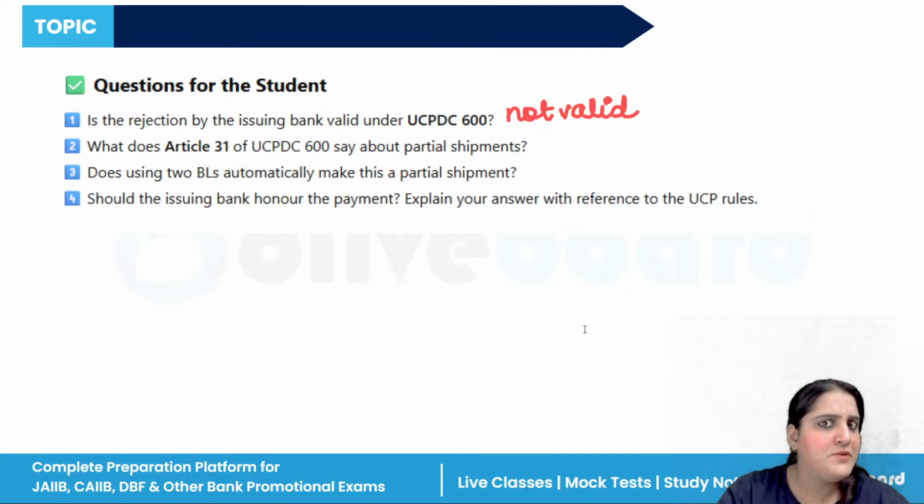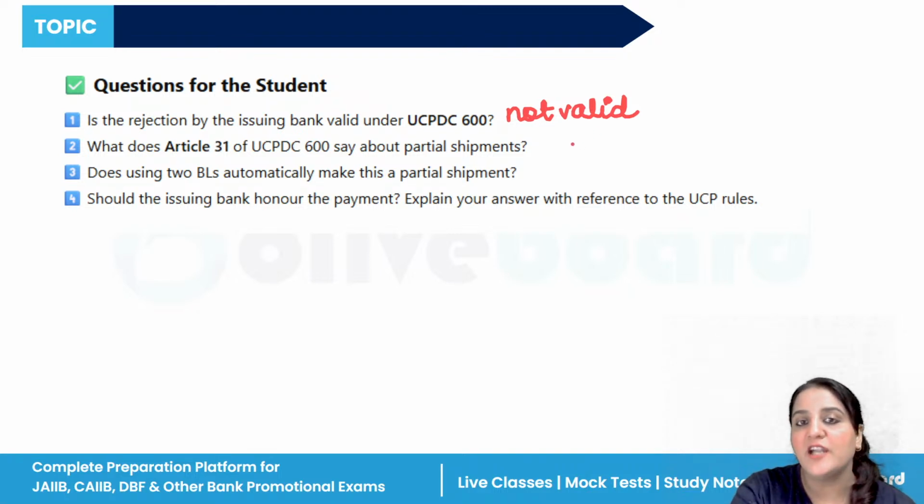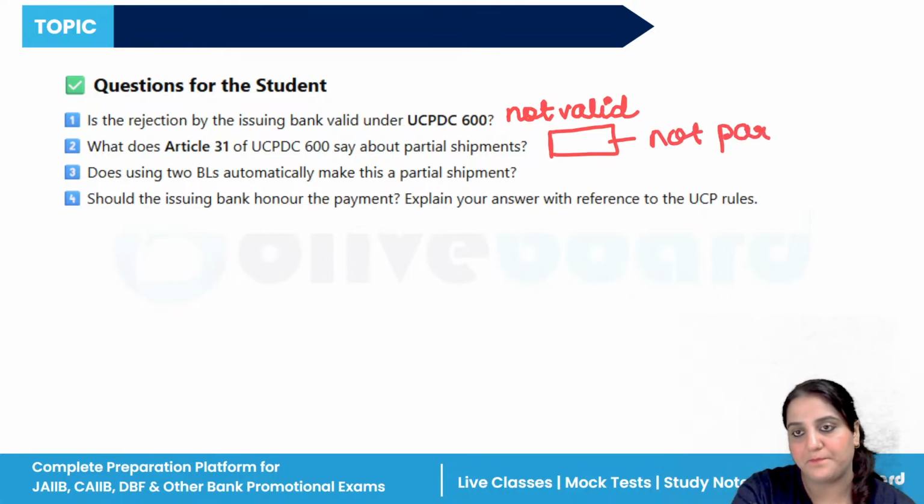So multiple bills of lading does not mean they are partial shipment, if all the goods are sent on the same vessel for the same journey between the same ports. So this is what Article 31 states in the UCP 600. So according to Article 31, this shipment is not partial at all.